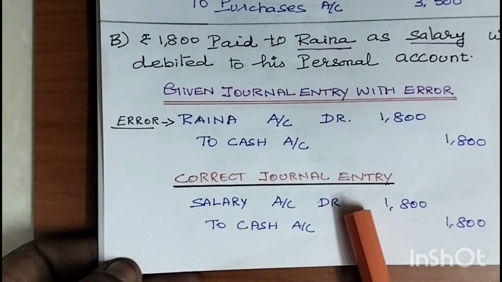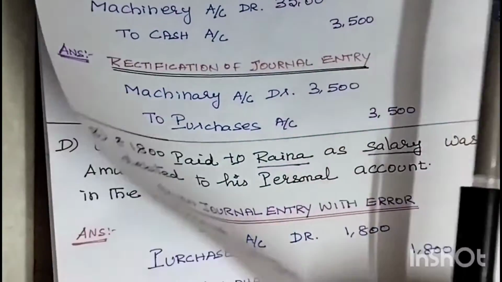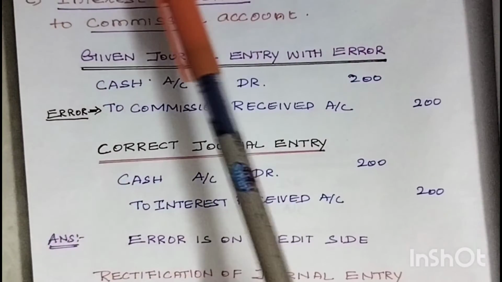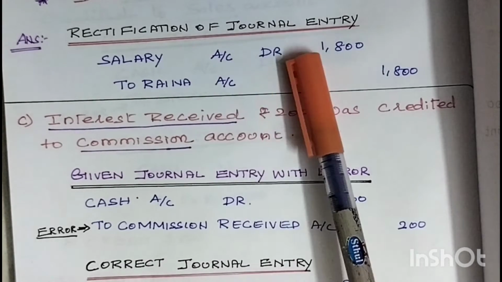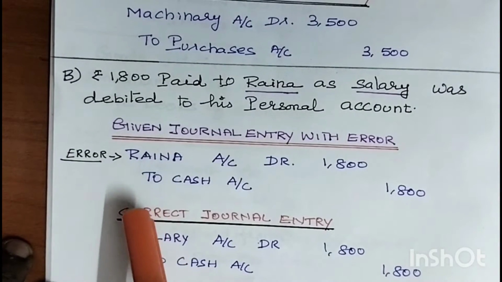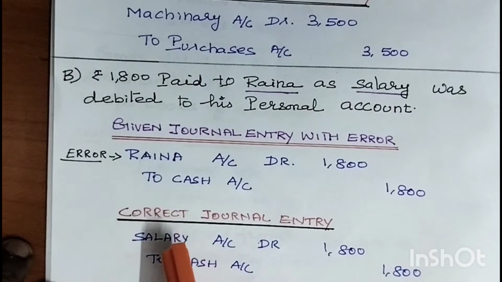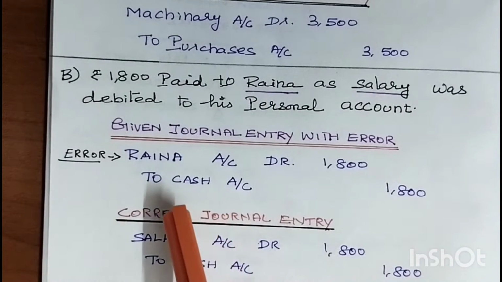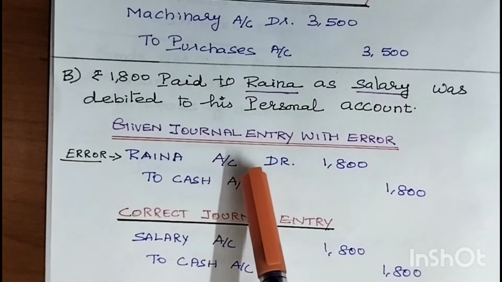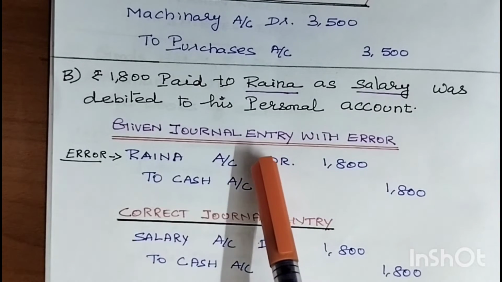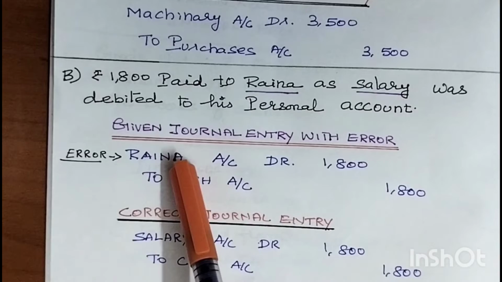Salary account debtor. We have to write salary account debtor. Okay, we entered salary account on debit side. Which is the error? Rahina is the error. On which side? Debtor side. So we have to credit it.